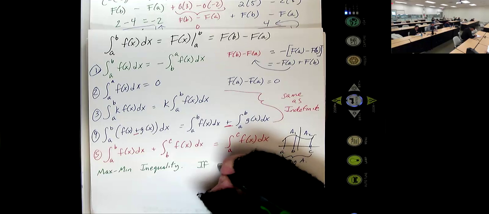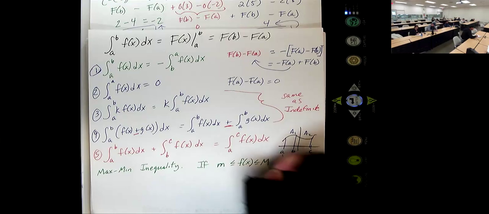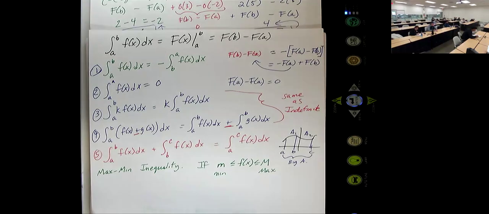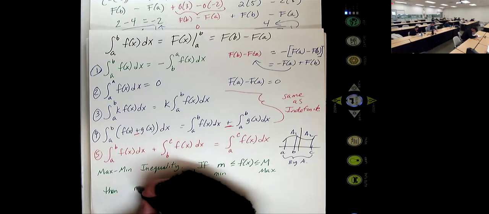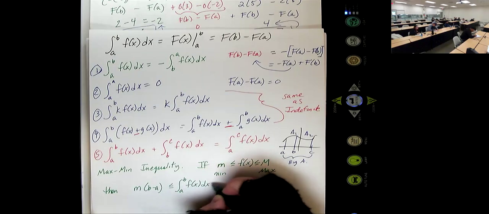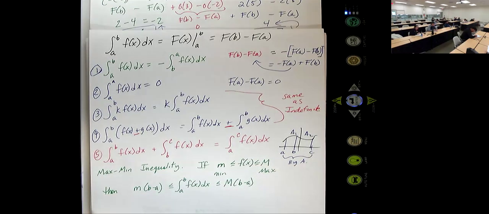If little m is less than or equal to f of x, which is less than or equal to big M, like a minimum and a maximum, then little m times b minus a is less than the integral, which is less than big M times b minus a. That's property 6.